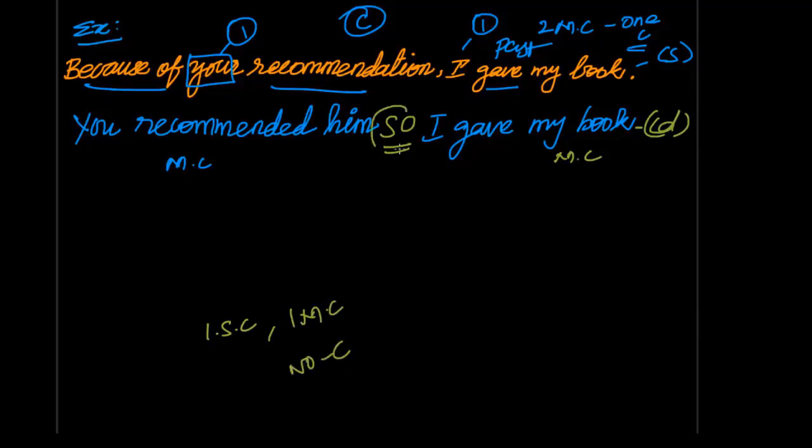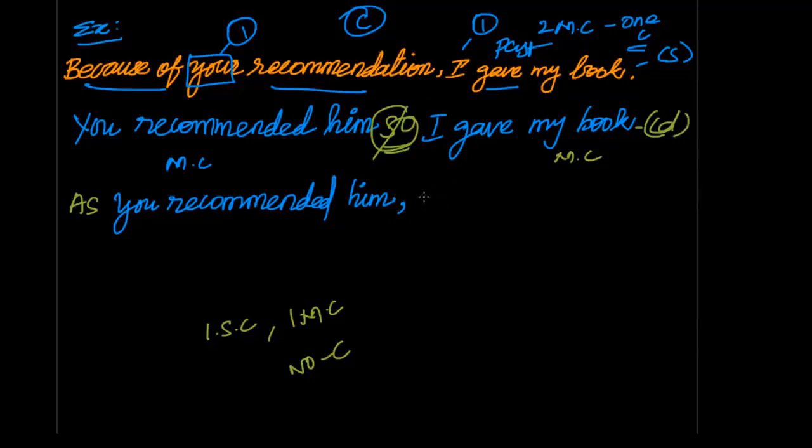So first we remove the conjunction. Then we take the first part. What is the first part? As. Then take the main clause here: as you recommended him. Remove the conjunction and put a comma. Already we have one main clause, so take it down here. That's all, simple.